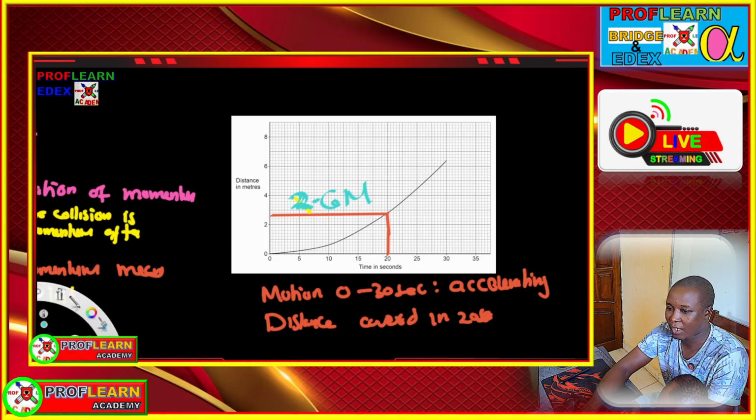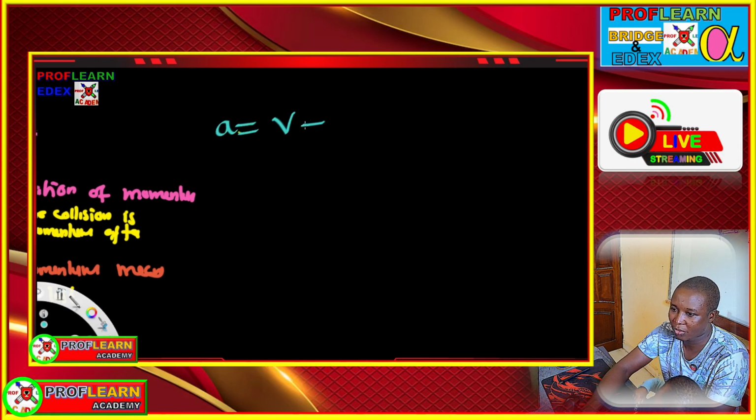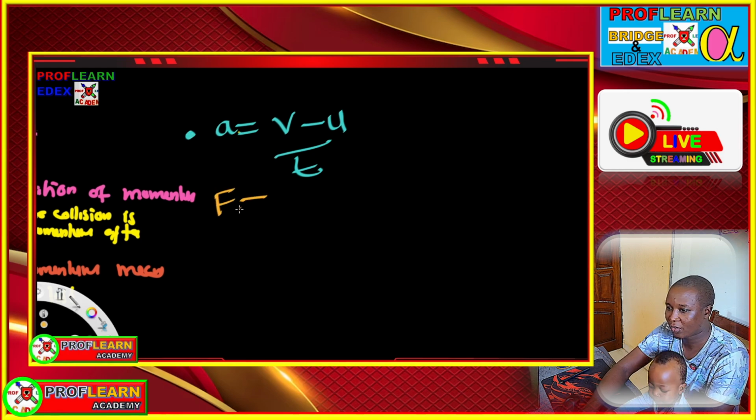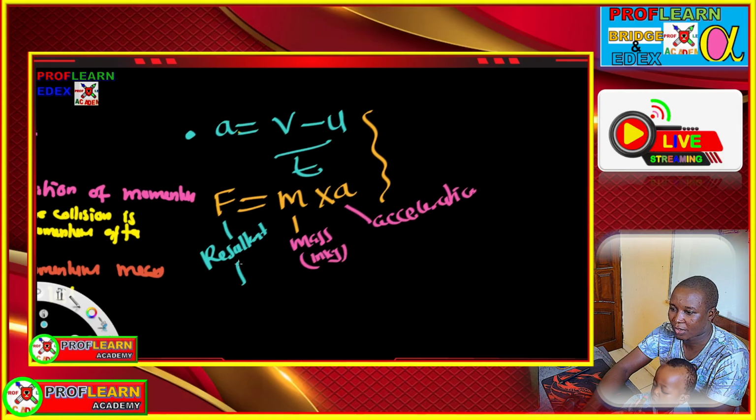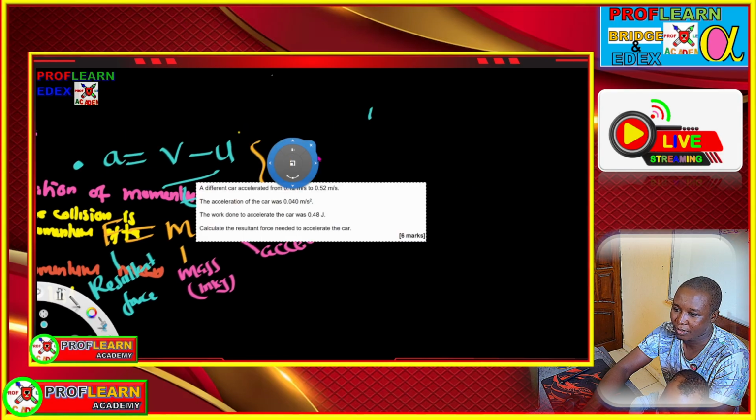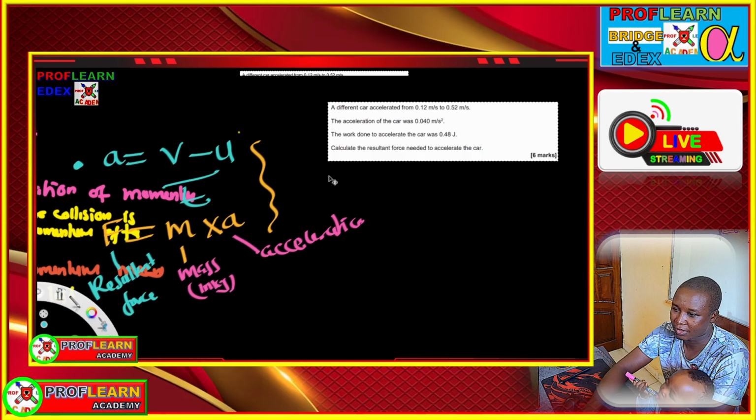So after understanding the concepts to do with motion graphs, you need also to understand that acceleration is equal to final velocity minus initial velocity over time. And you also need to remember Newton's second law of motion, that force equals mass times acceleration, whereby m is the mass and a is the acceleration.